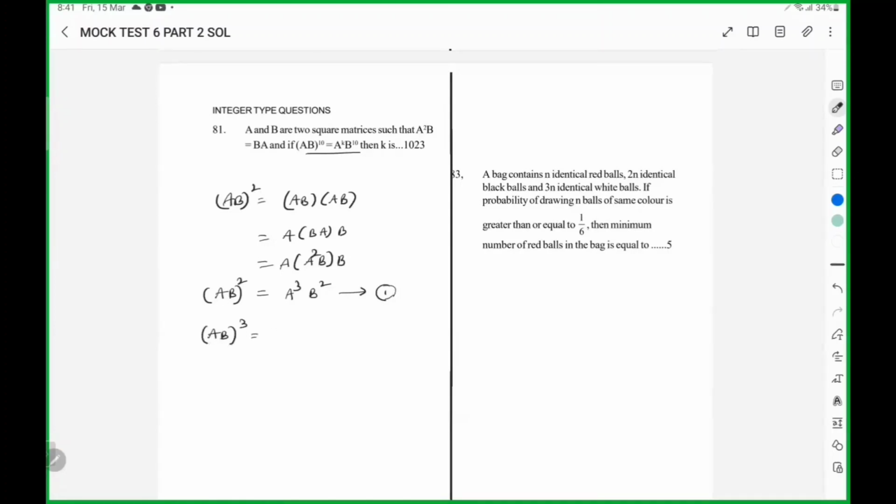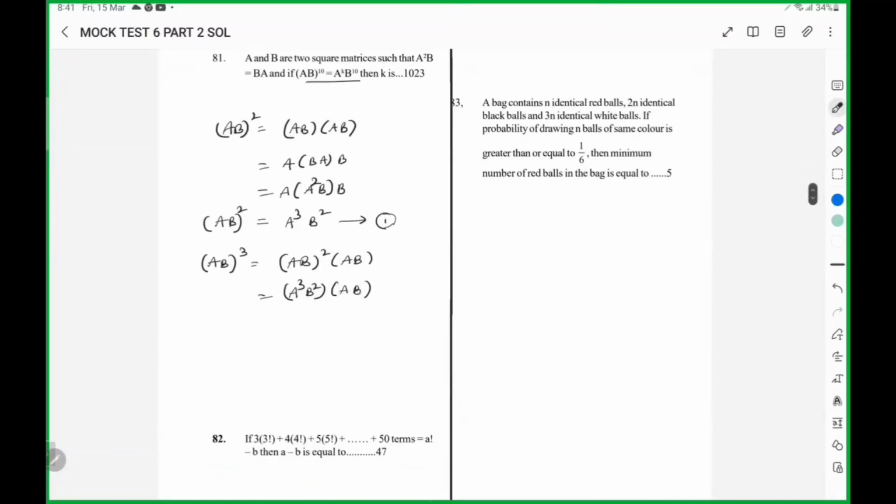AB whole cube will be AB whole square of AB. So A cube B of BA of B. A cube B. BA here is A square B.